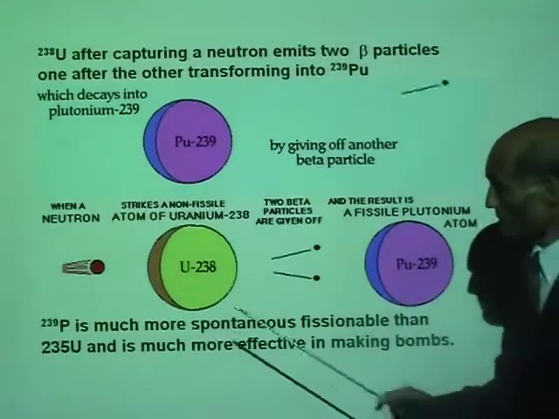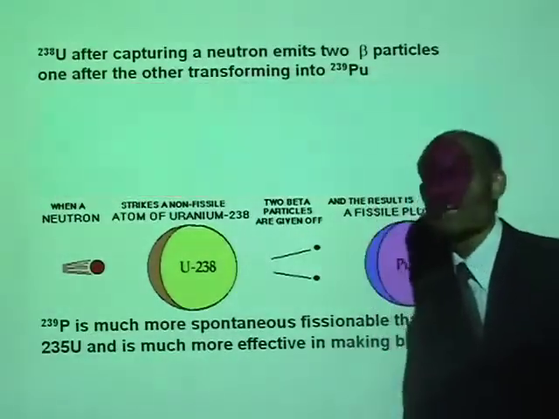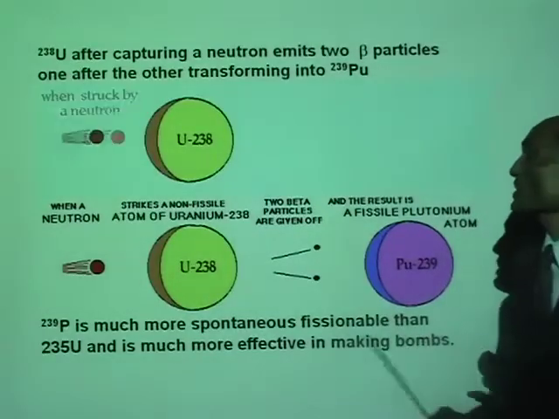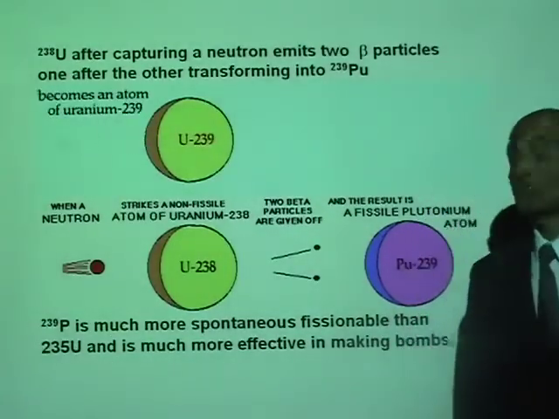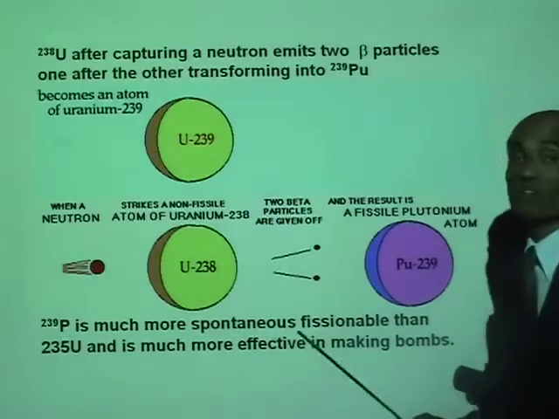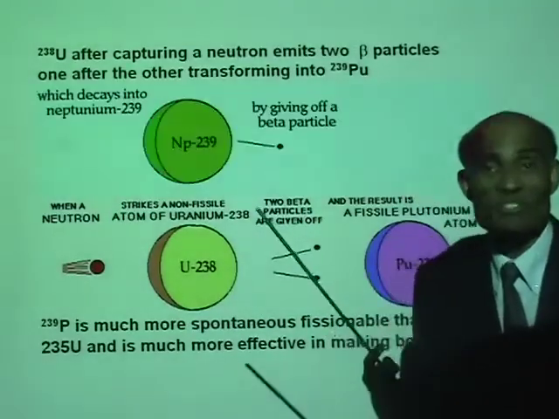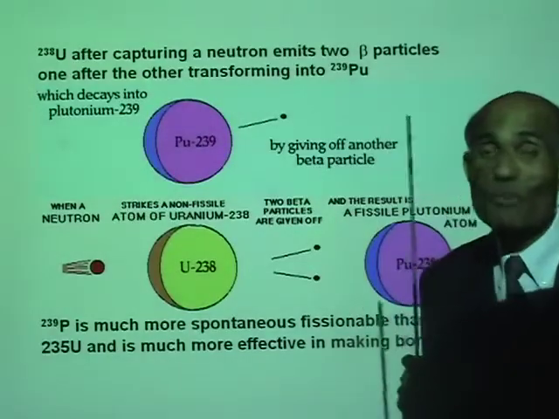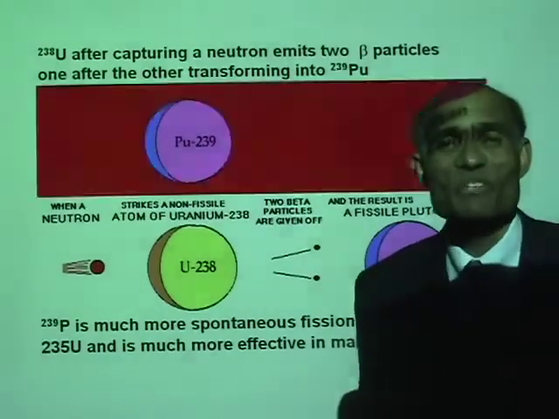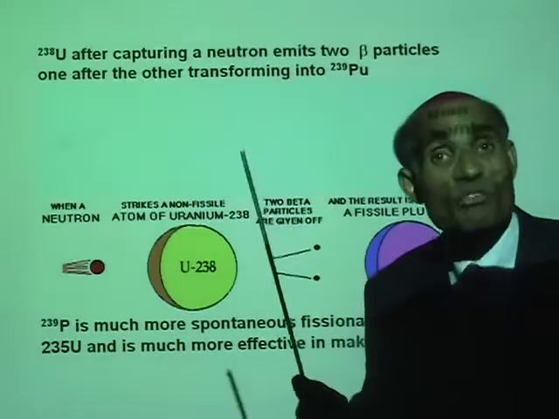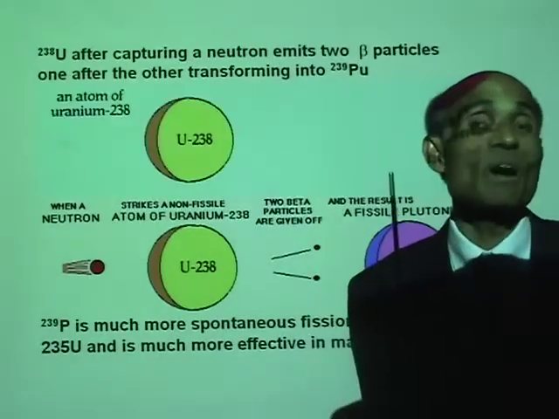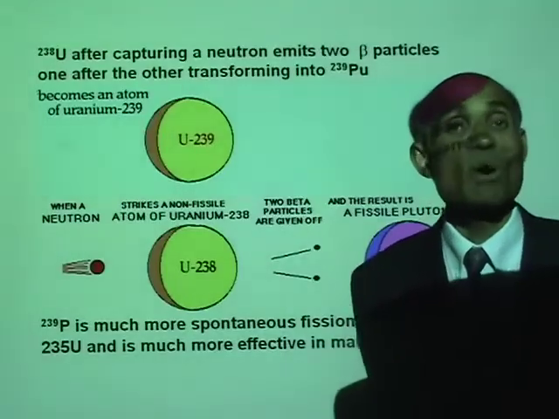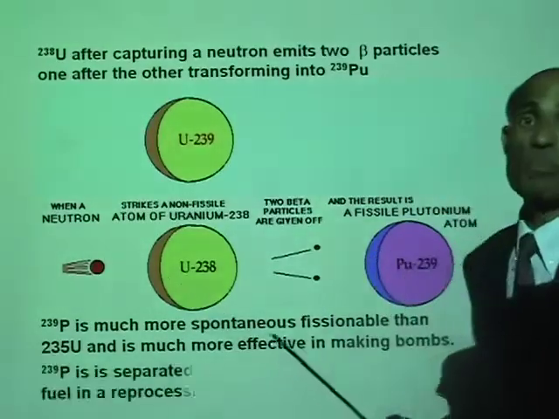This plutonium-239 is much more spontaneously fissionable than uranium-235 is, and therefore much more effective in making bombs. Now, one of the bombs that were dropped in Japan during the Second World War was a plutonium bomb. The first one was a uranium fission bomb, and the second one was a plutonium bomb.